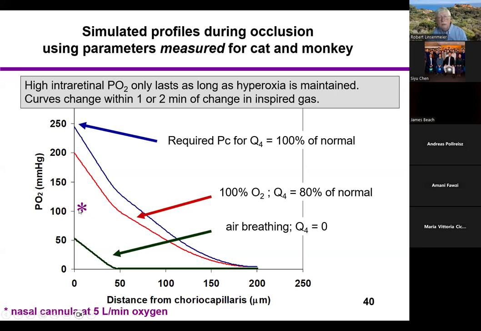So the PO2s are roughly 100, not 200. But this high intraretinal PO2 only lasts as long as the hyperoxia is maintained. It will go back to normal if you remove the hyperoxia, and it'll change within 1 or 2 minutes.